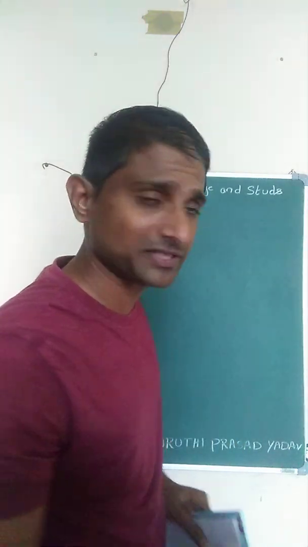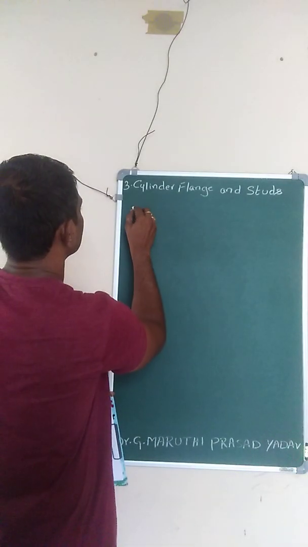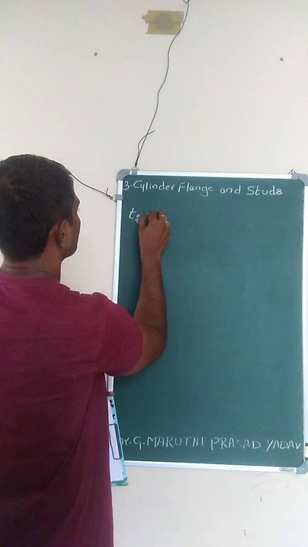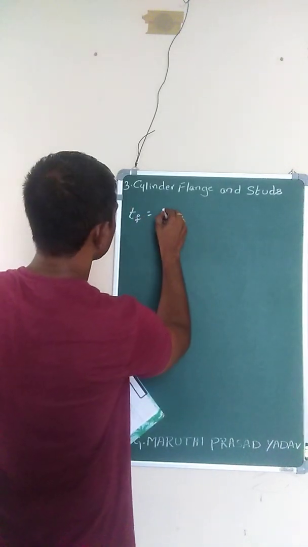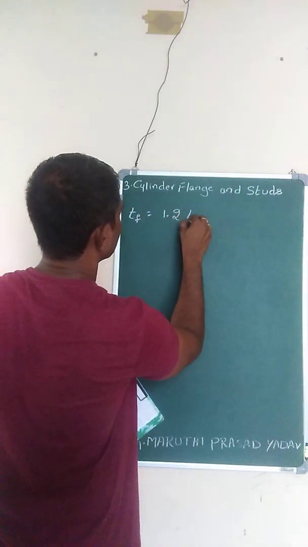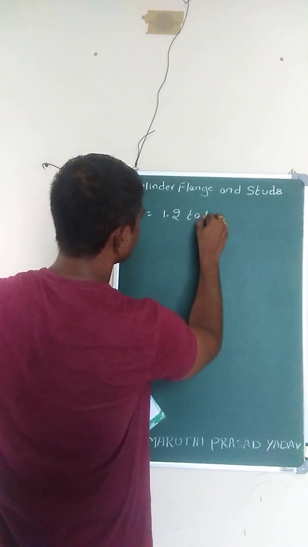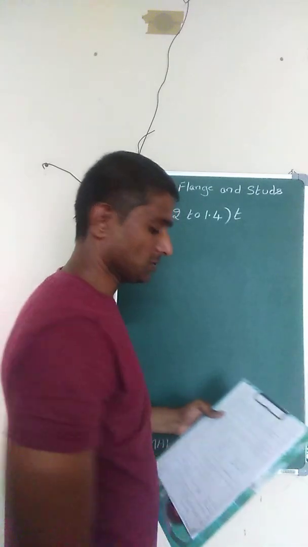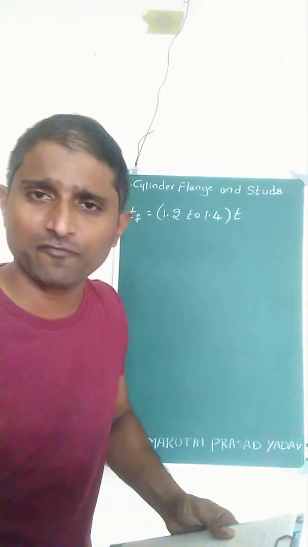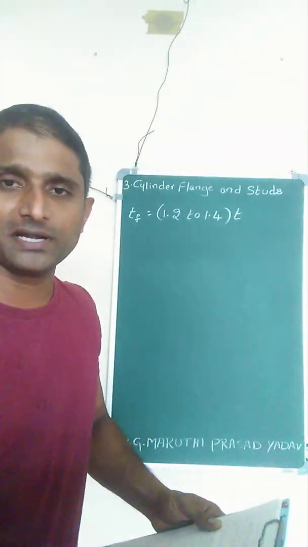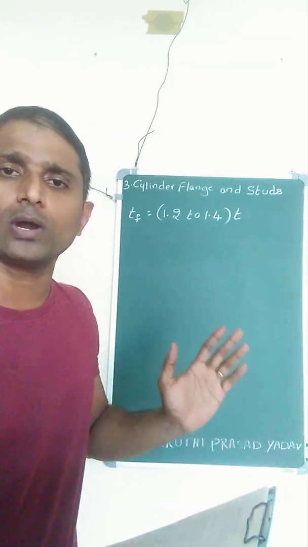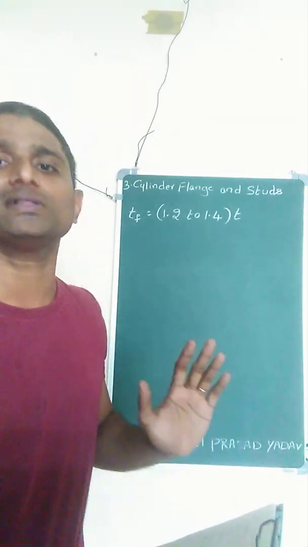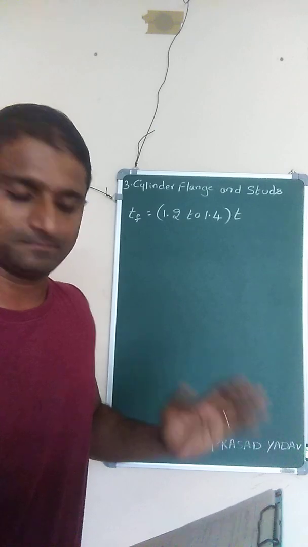Flange thickness is given there. Flange thickness t_f equals 1.2 to 1.4 times the cylinder wall thickness, that is t.